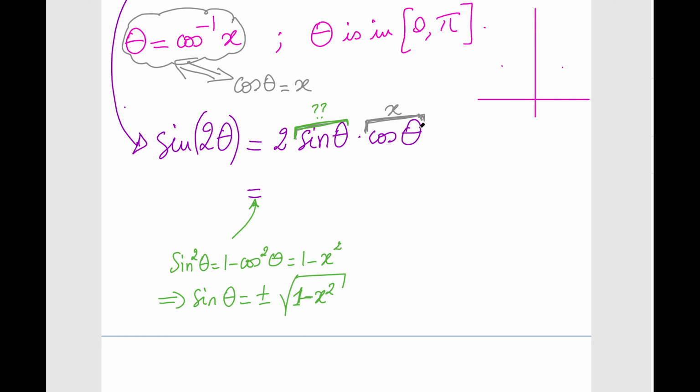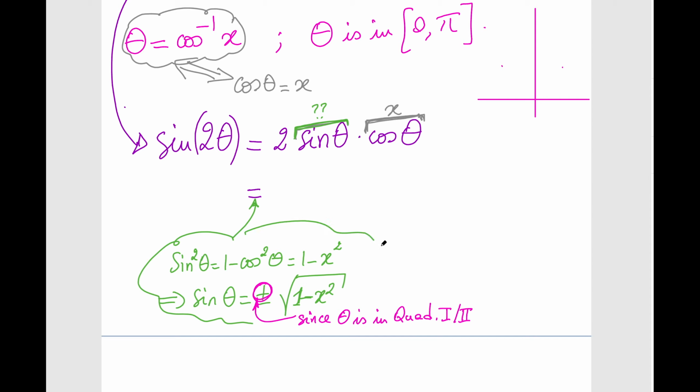So we get the positive sign since theta is in quadrant 1 or 2, right? Okay, very good.